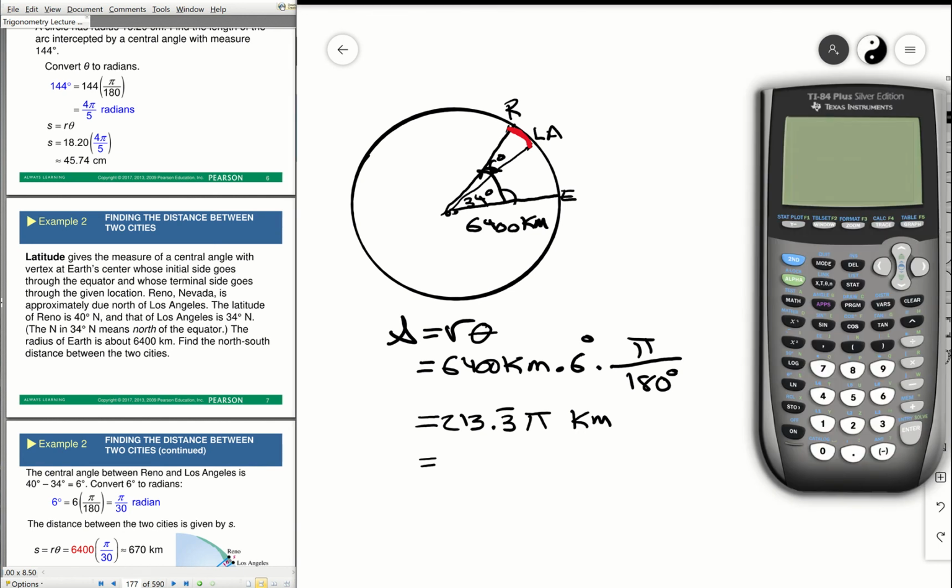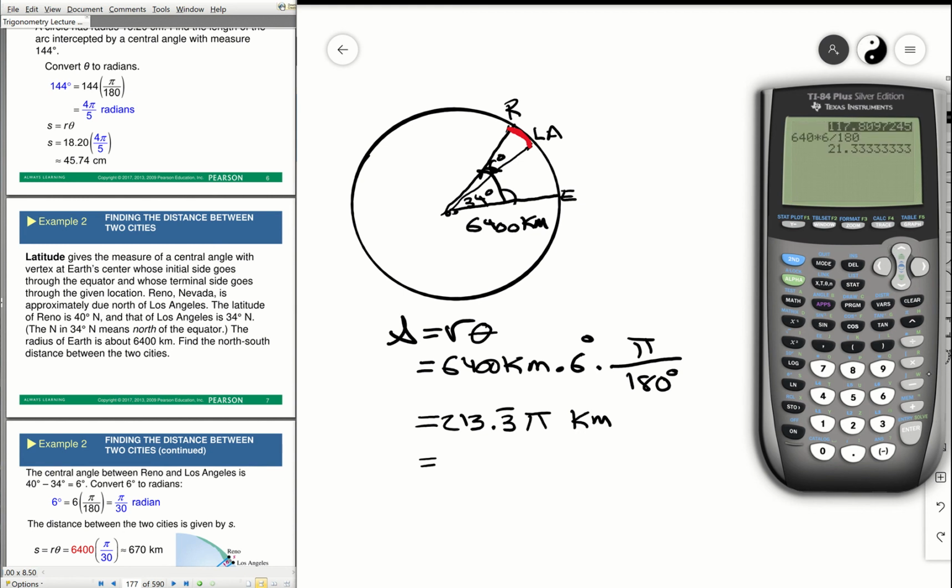So if I just go to a TI and I type in 6,400 times 6 divided by 180, we get, okay, we typed 640.